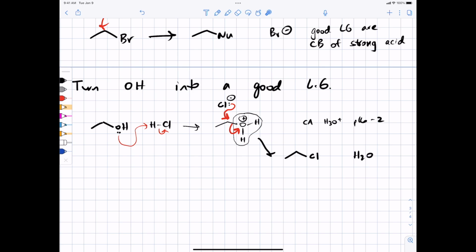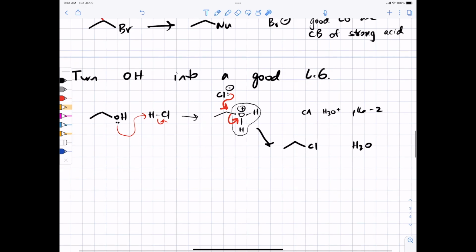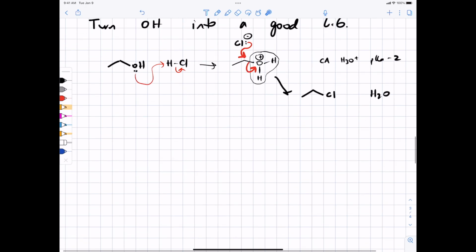So if we have a way of converting an alkyl halide into an alcohol, it's also nice to be able to go backwards too, and to have both options. So this is one way that you can do that. The problem, so strategy one is turn OH into a good leaving group by using acid.